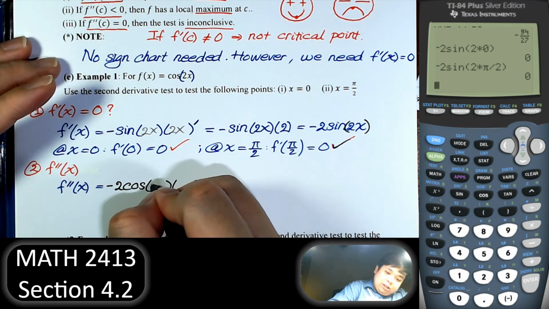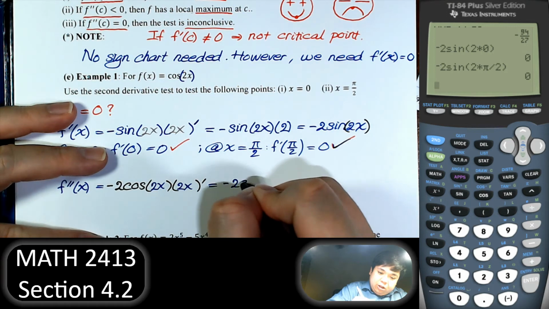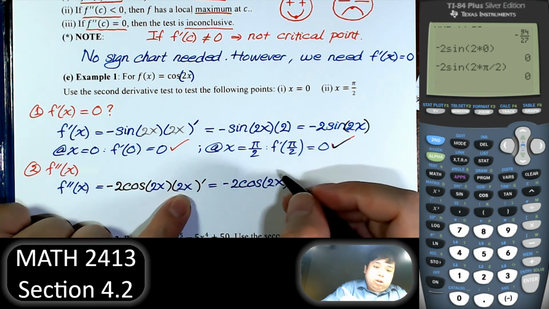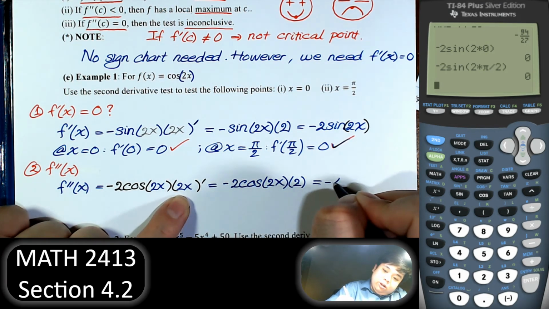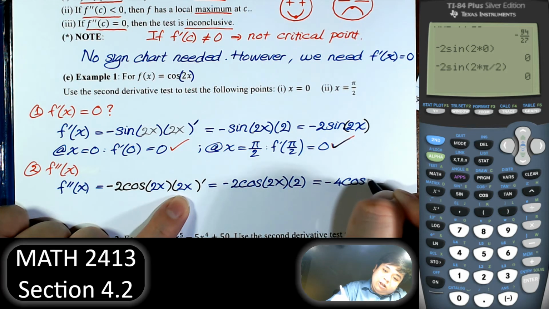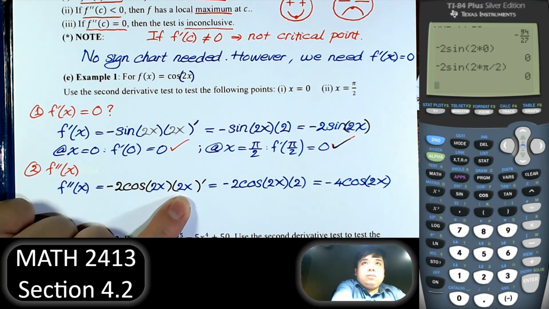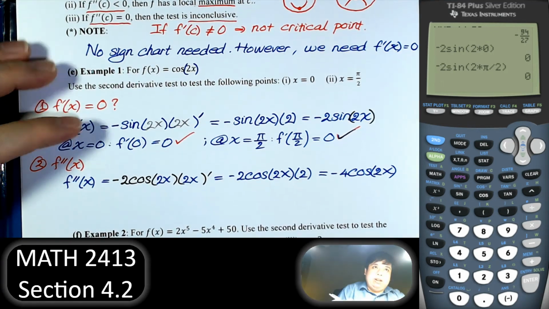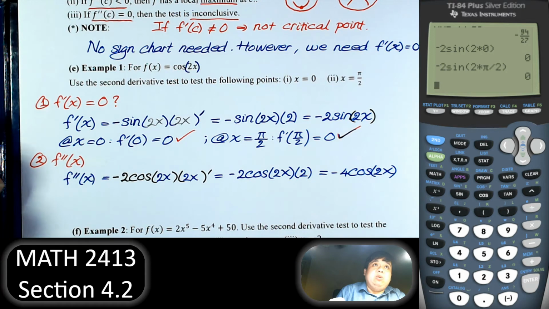I have 2x, so I have -2 cosine of 2x. The derivative of 2x is 2. 2 times -2 is -4 cosine of 2x. Since both of them check from the first step, we can go to the second derivative. And that is the second derivative.